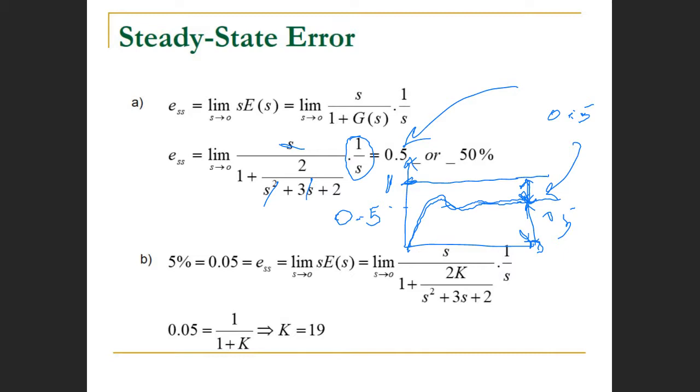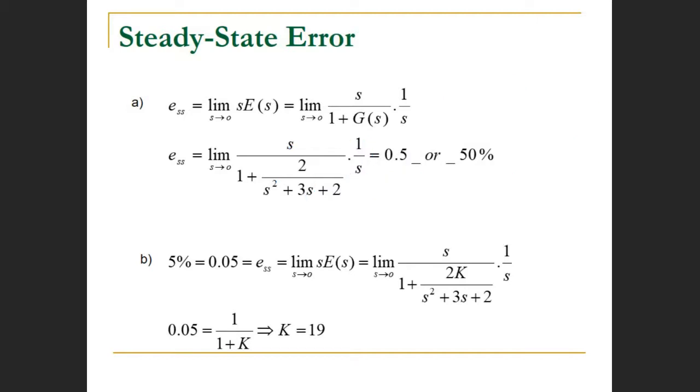Now let us look at the other part of the question, where we are looking at what value of k will satisfy the 5% steady state error. So what we're going to do is substitute 5%, and 5% is 0.05.